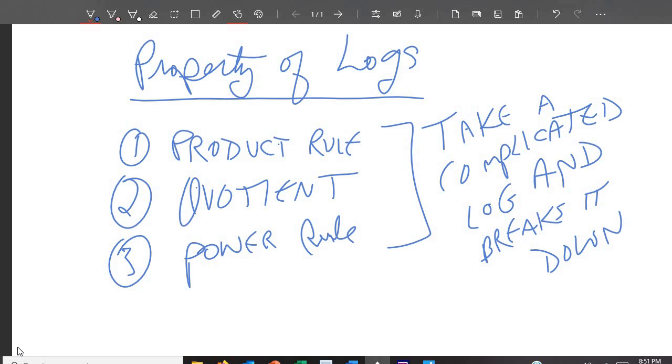Okay, let's look at the product rule first. The product rule has to do with multiplication and addition. Here's what the product rule says.